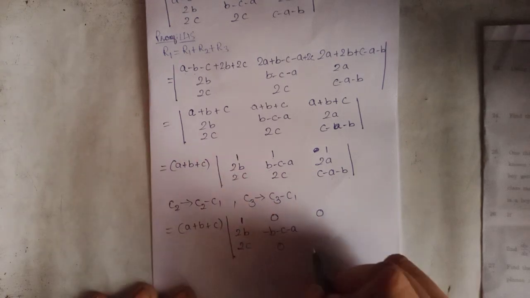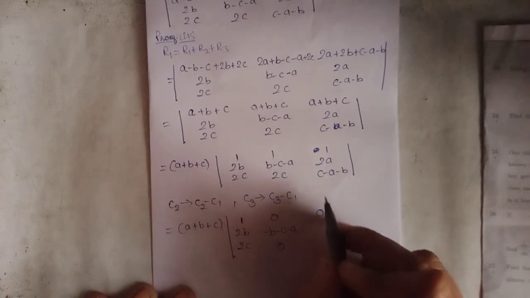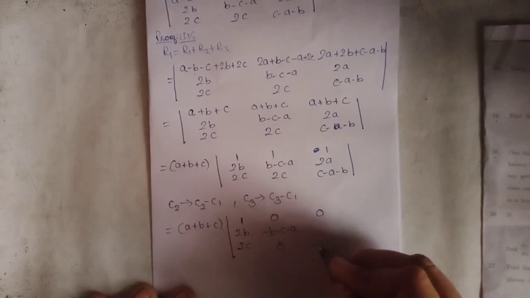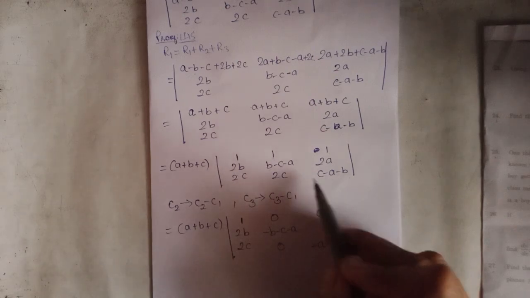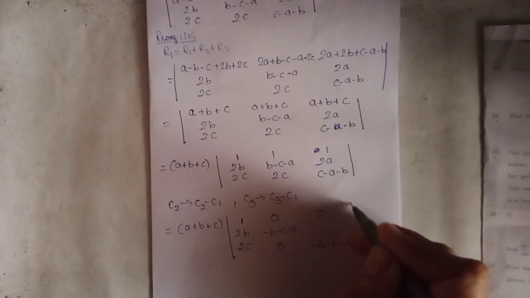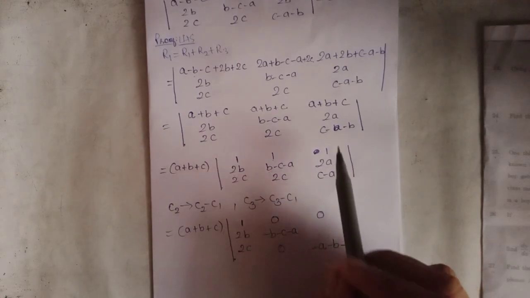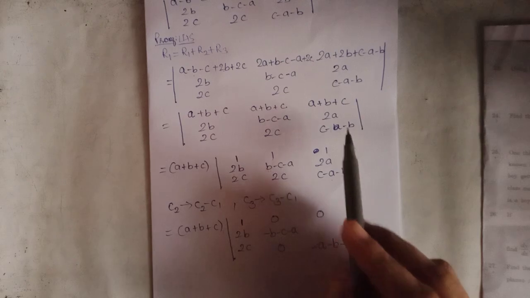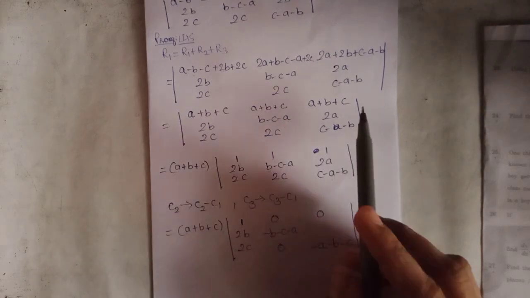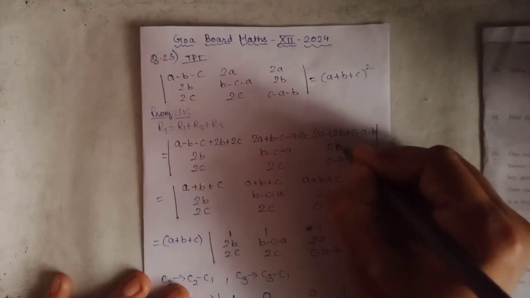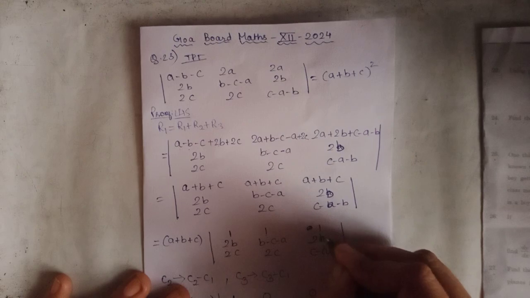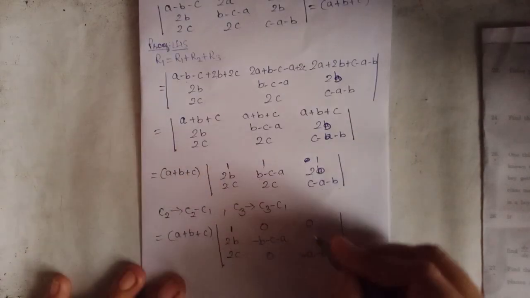So it will be a minus a minus b and minus c. Okay, this term we have to check. This is 2b, yeah, right. So 2b minus 2b, it is 0.